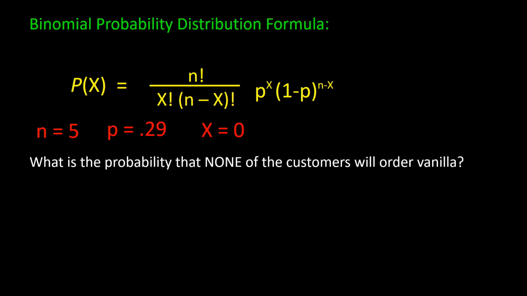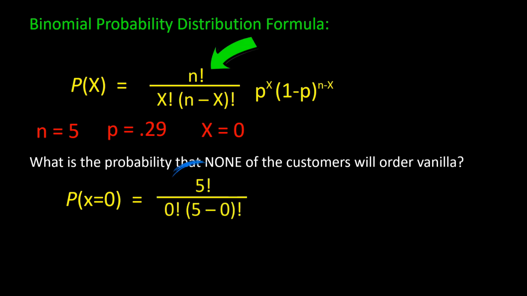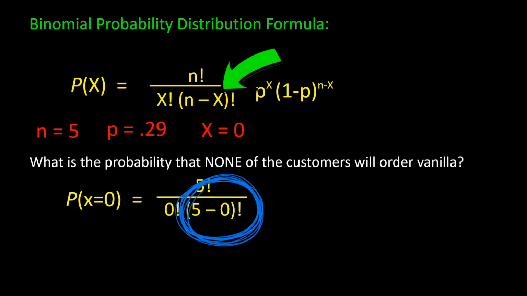So filling in the formula, we get the probability of x equals 0, that is the probability that none of the customers will order vanilla ice cream, none is 0, right, so 0 successes, is equal to n factorial, so n factorial in the numerator is 5 factorial, over x factorial, so in the denominator x factorial is 0, times n minus x factorial, 5 minus 0, which is 5 factorial.